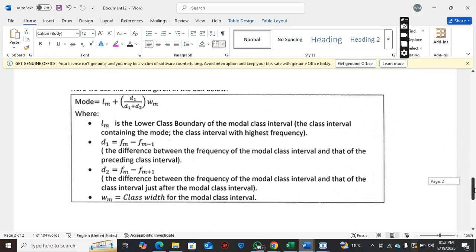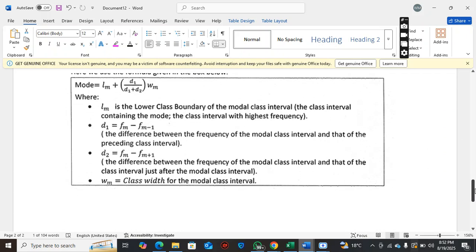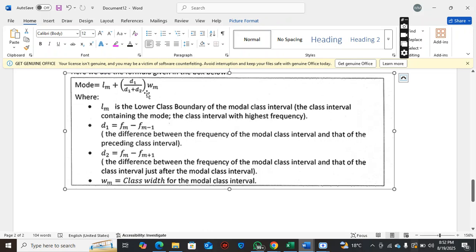Now we can go to the mode. For the mode, the first thing you look for is the class with the highest frequency. Once you've located it, you get the lower limit of the class. Then D1 is the difference between the frequency of the modal class interval and that of the preceding class interval.